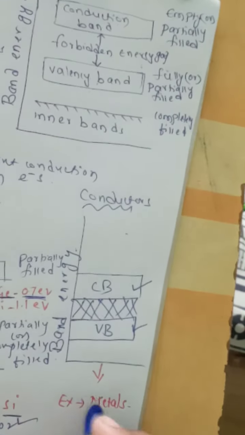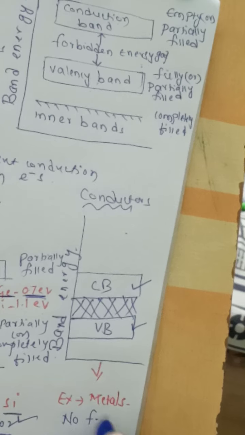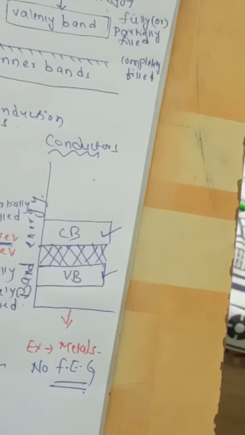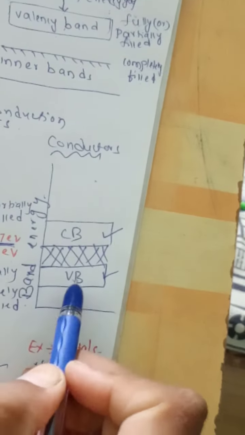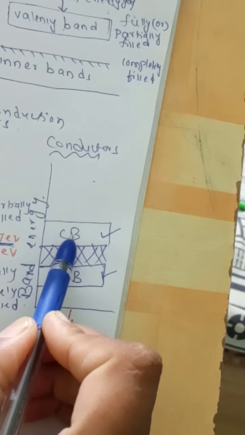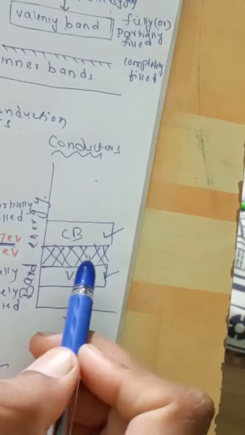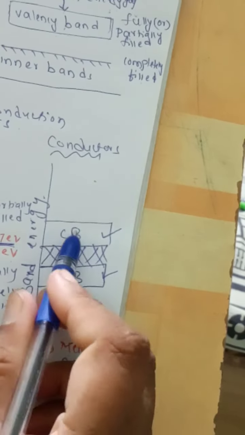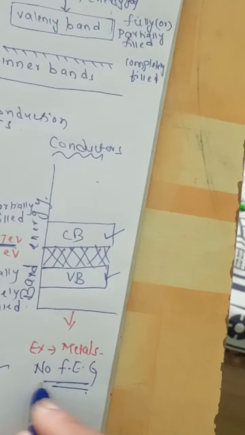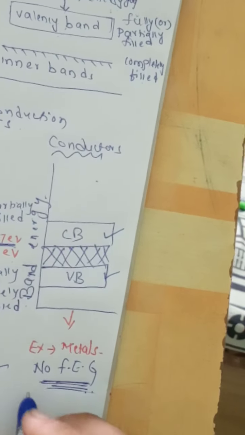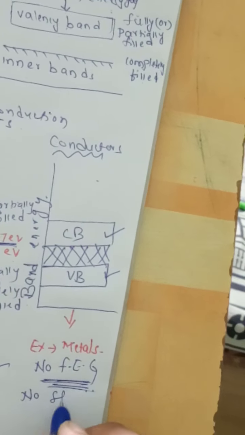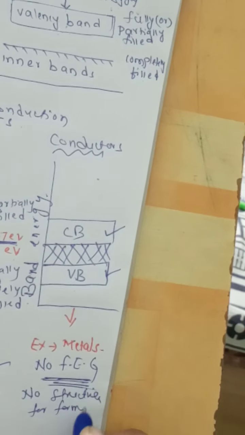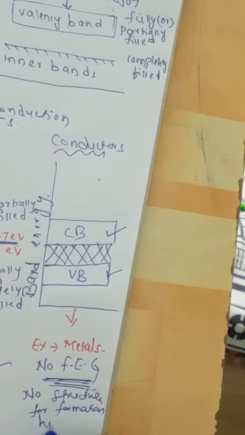So as they are overlapping with each other, that is, as there is no forbidden energy gap, there will be no structure for the formation of holes.